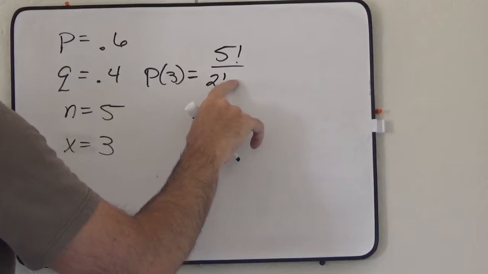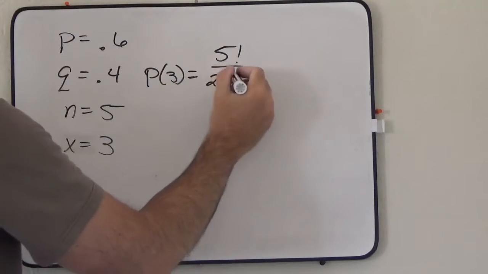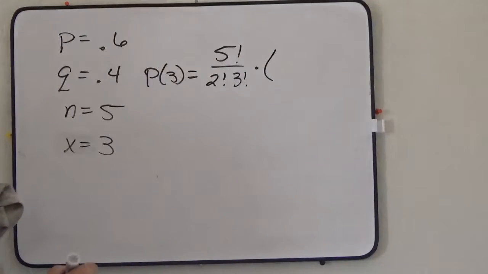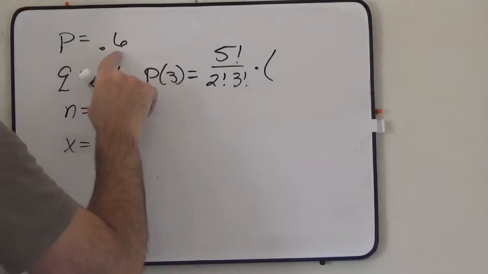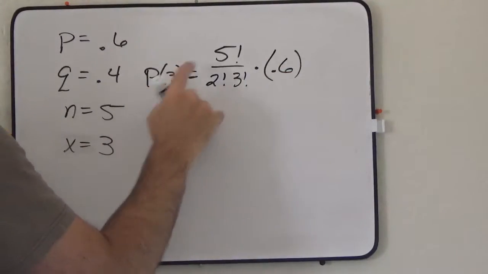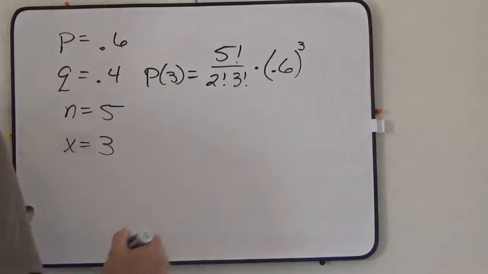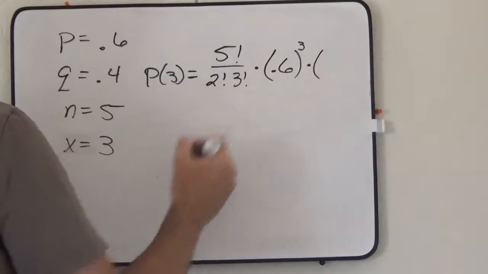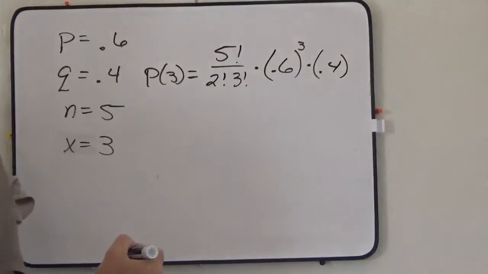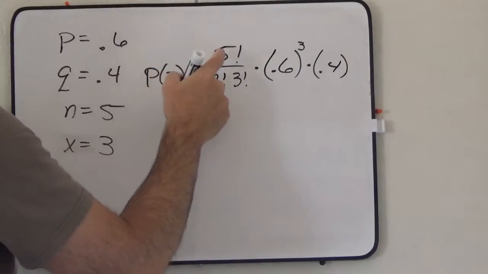And then right here, this is the x factorial, 3 factorial. Times, now this is what we're going to get a little bit of change on. My probability of success is now 0.6. My x is the 3rd power. Times my probability of failure is 0.4, and that is going to be raised to the 5 minus 3, which is 2, second power.